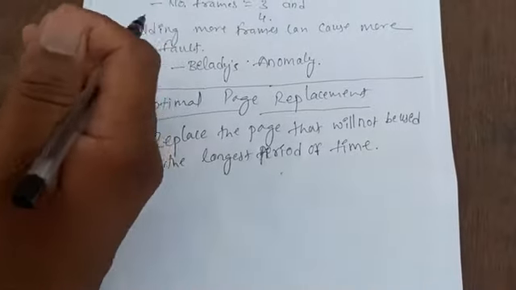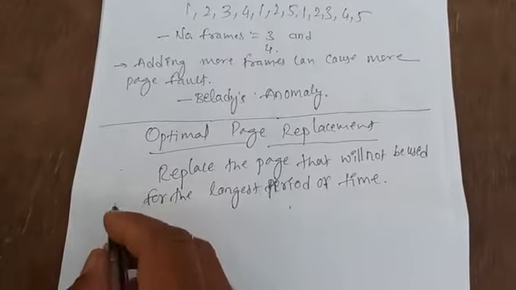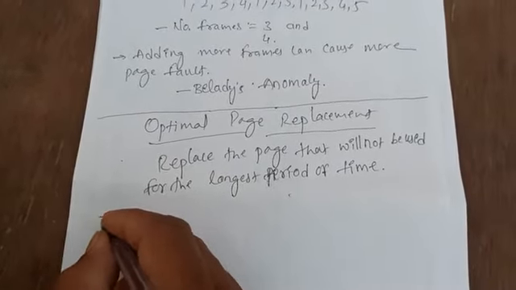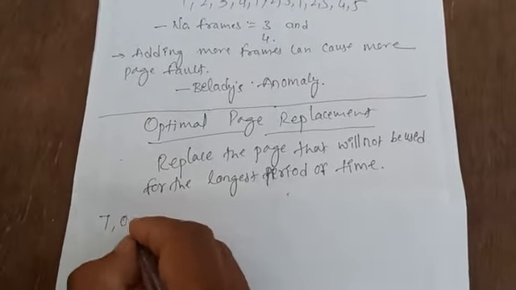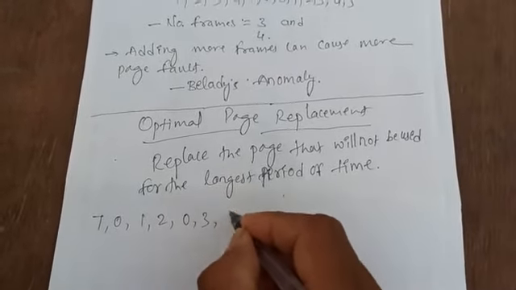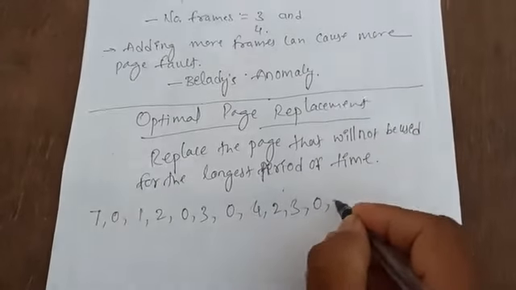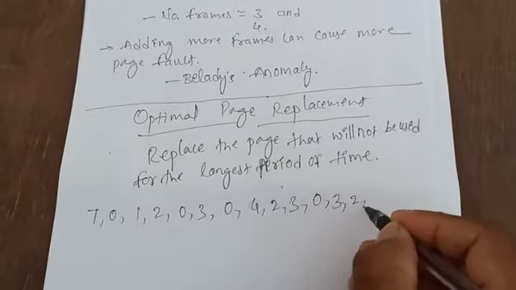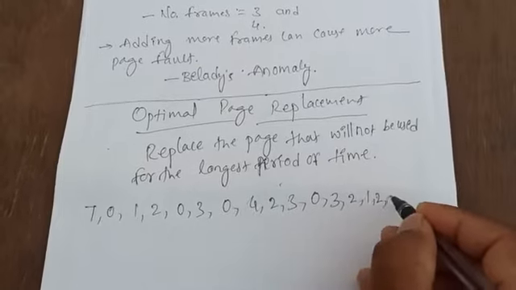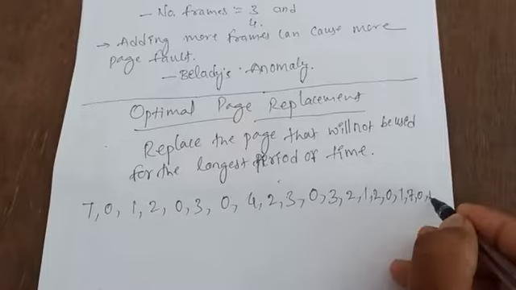Now we will consider the same example that we have taken for first in first out. That sequence is 7 0 1 2 0 3 0 4 2 3 0 3 2 1 2 0 1 7 0 1.